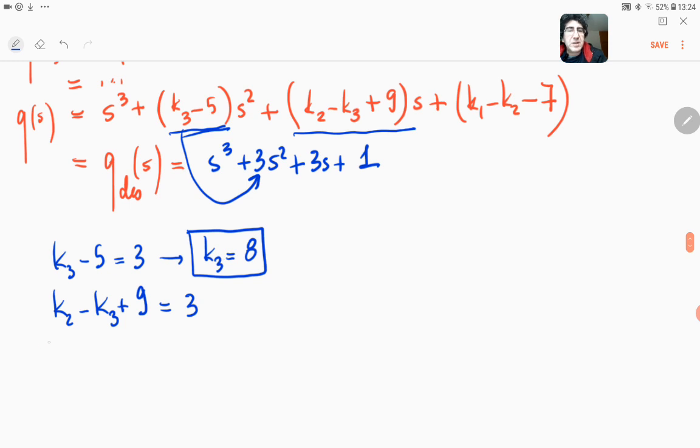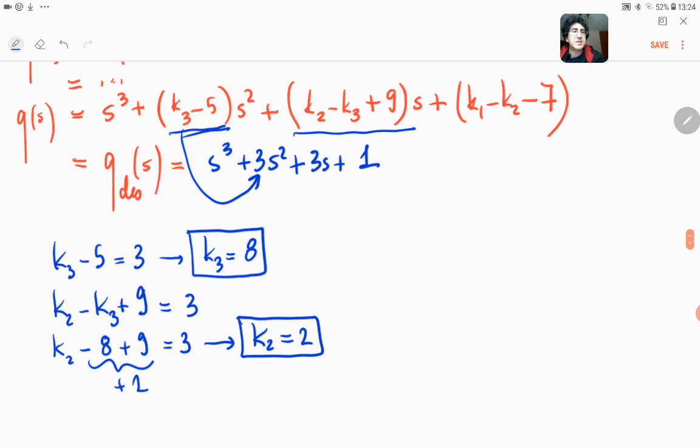We have K3 is equal to 8, so K2 minus 8 plus 9 is equal to 3. So we have plus 1 here, so K2 is equal to 2.